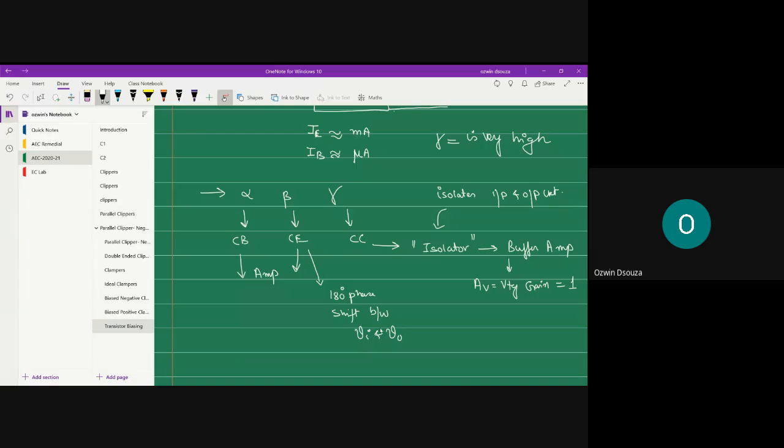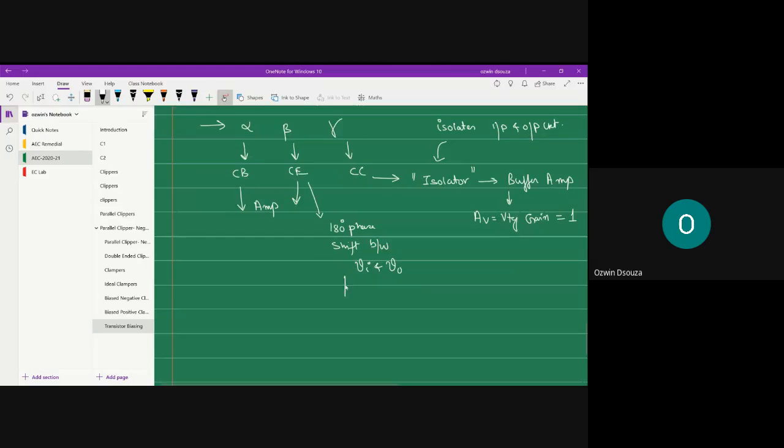So if your input is something like this, your output will be an inverted signal, something like this. This is called phase shift. That means the duration of the positive half cycle is 180 degrees, so for the 180-degree duration of the positive half cycle, you are getting a 180-degree duration of negative half cycle. That's the reason the phase shift is called 180 degree.